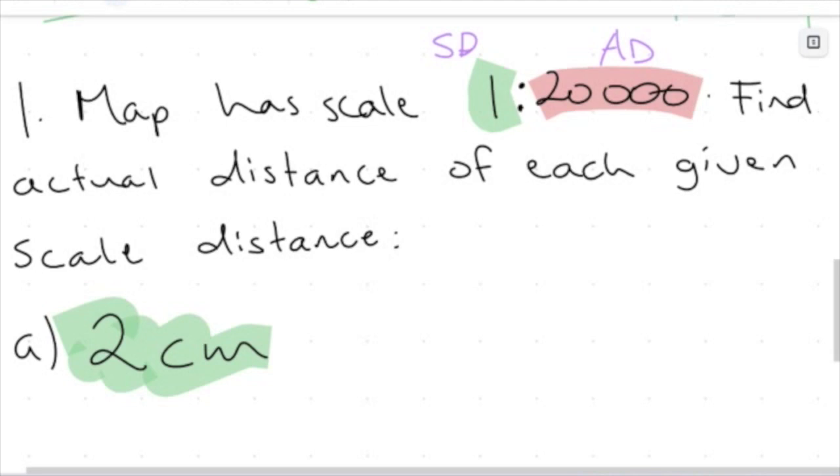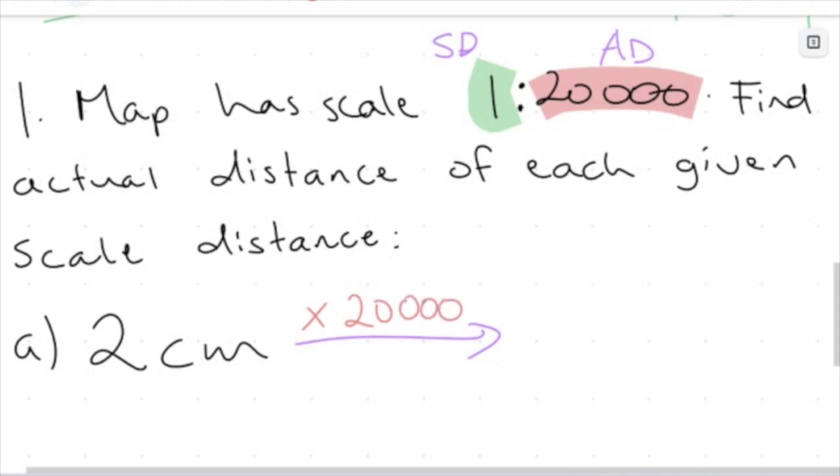We're just applying what we've learned from ratios. So to get from my scale distance to my actual distance, we are going to multiply by 20,000 to get what this distance would actually be in the real world compared to the map.